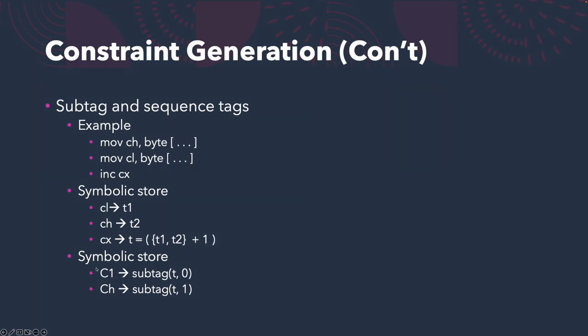So in the symbolic store, following this logic, CL will be subtracted to T comma 0, and CH will be subtracted to T comma 1. That's a subtracting mechanism demonstration in this slide.